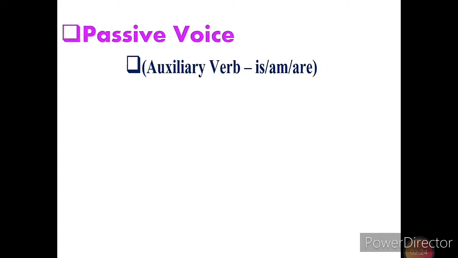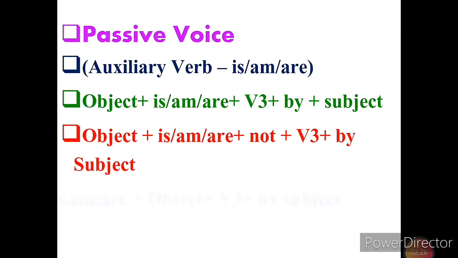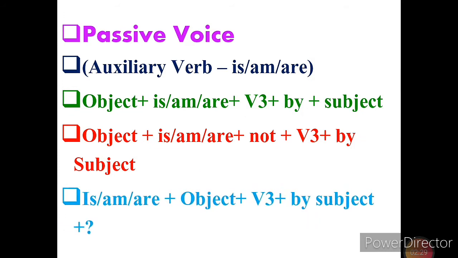Now let us see passive voice. In the same simple present tense, the auxiliary verb we have to use is is, am, are. When there is third person singular, we use is. We use am with the first person singular, that is I. We use are for all the remaining plurals.